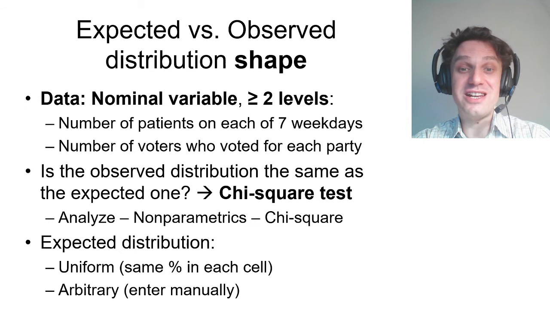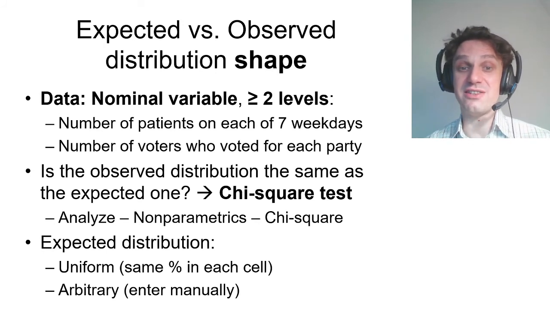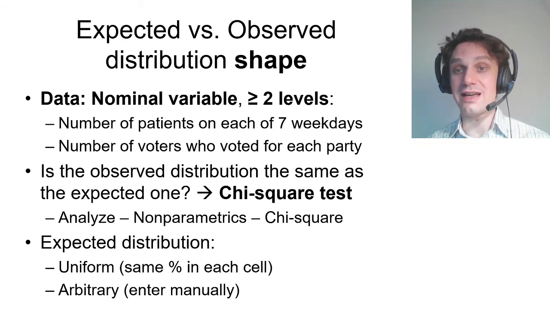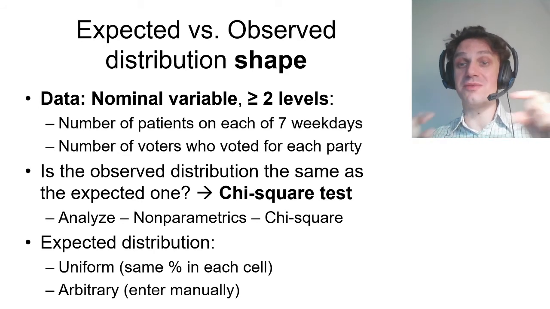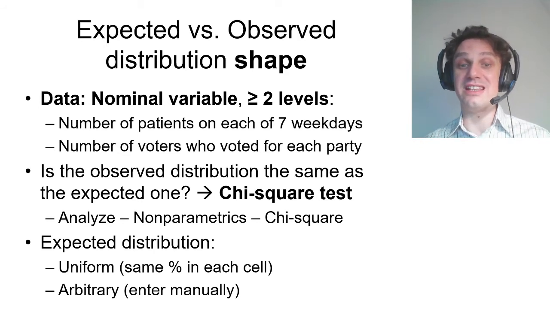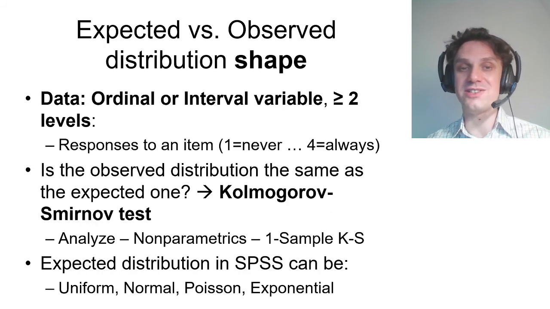In this situation, you can apply another test which is called the one-sample chi-square test. And it lives again in Analyze, Nonparametric Tests, and there you set your expected distribution, which can be either uniform, and automatically it will calculate an expected distribution with exact number in each cell. Or you can enter this expected distribution manually, set it arbitrarily, and then you can also test against this.